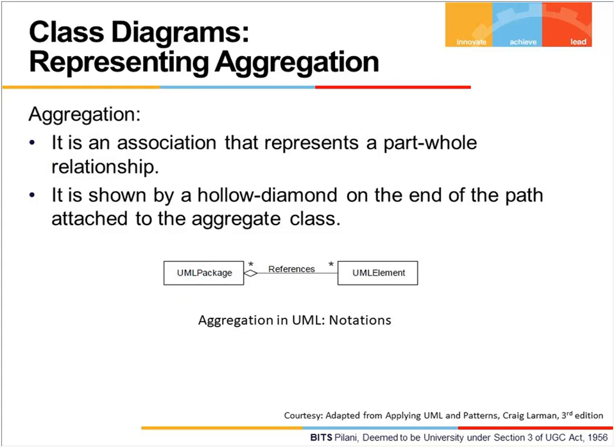So this is the aggregation. The UML package is the aggregation or the collection, and UML elements are the parts, right? So your diamond is placed at the side of the aggregation. Whichever is the aggregation, on that end is the hollow diamond placed.